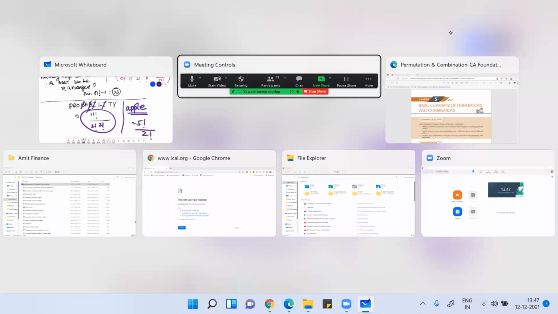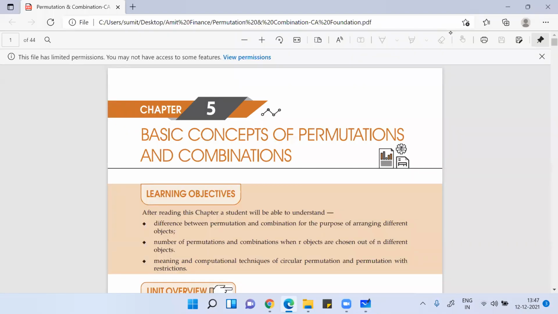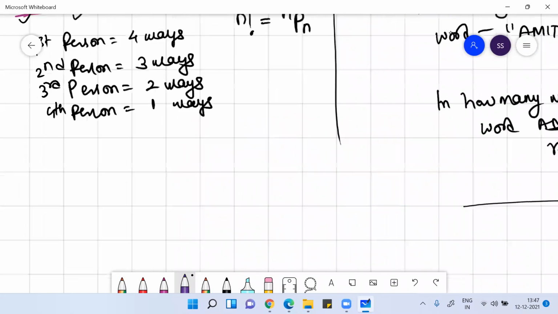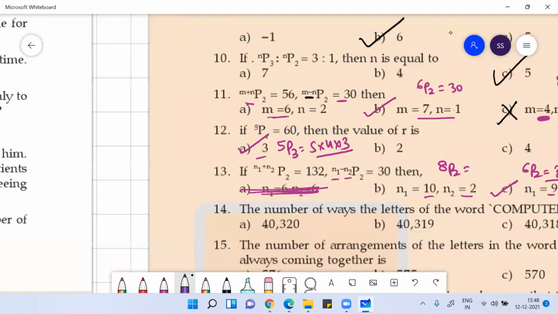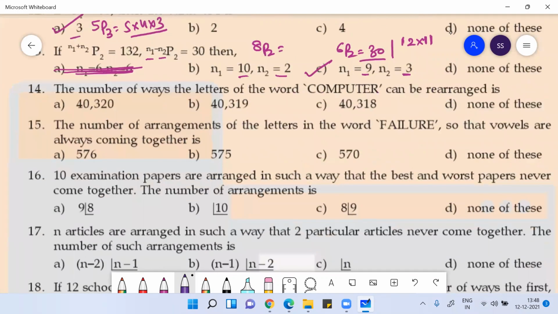So how will you do this question? Computer, is there any repetition? First check. C no, O no, M no, P no, U no, T no. Okay, 1, 2, 3, 4, 5, 6, 7, 8. So 8 factorial minus 1. They're asking rearrangement, 8 factorial minus 1. 8 factorial is 40320, minus 1.